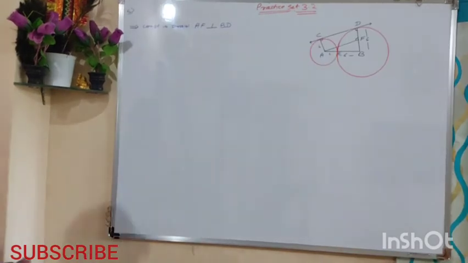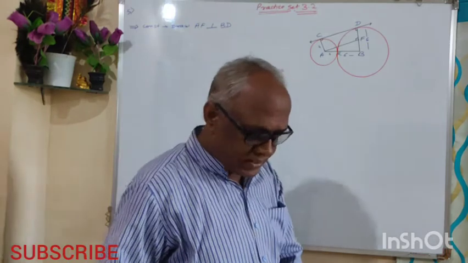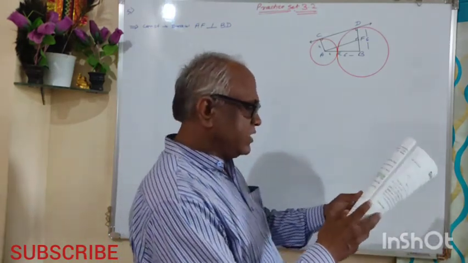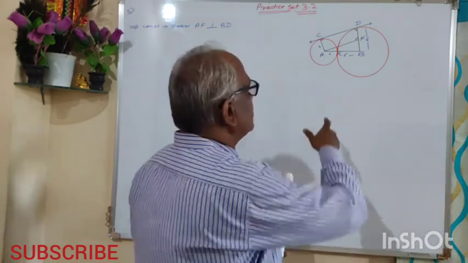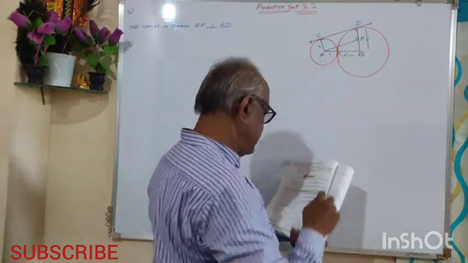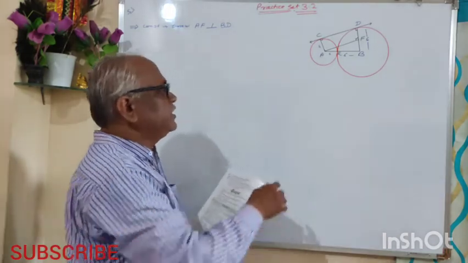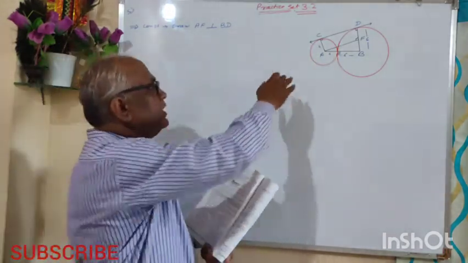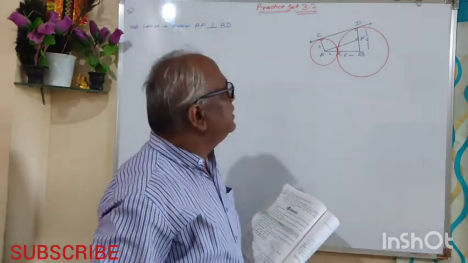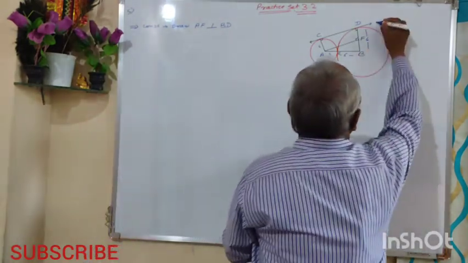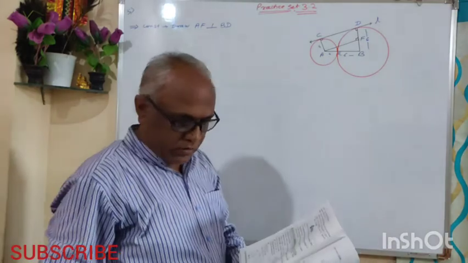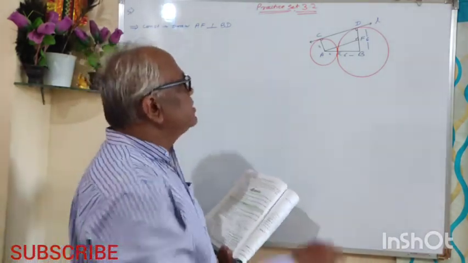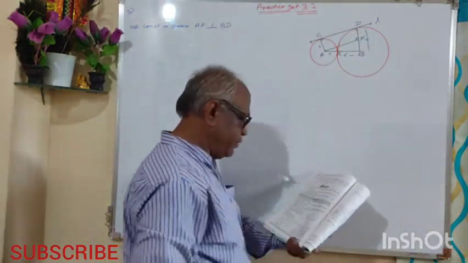Now in the question number 5th, it is asked that in the figure, two circles are there with a center A and with a center B, touches each other at a point E. The line L is a common tangent. Line L touches the circles at the points C and D respectively.